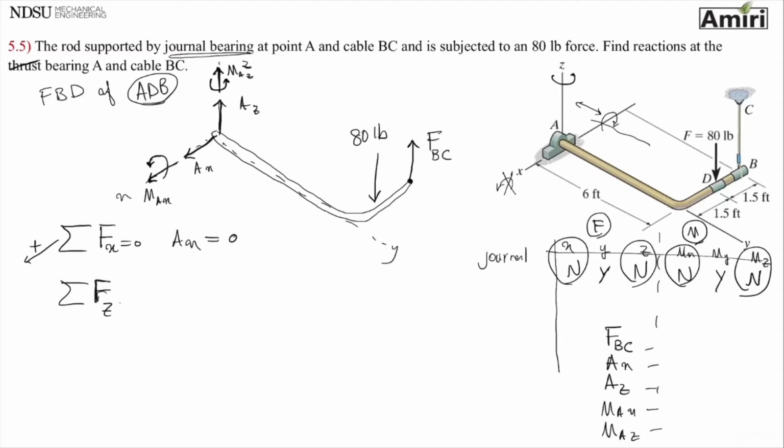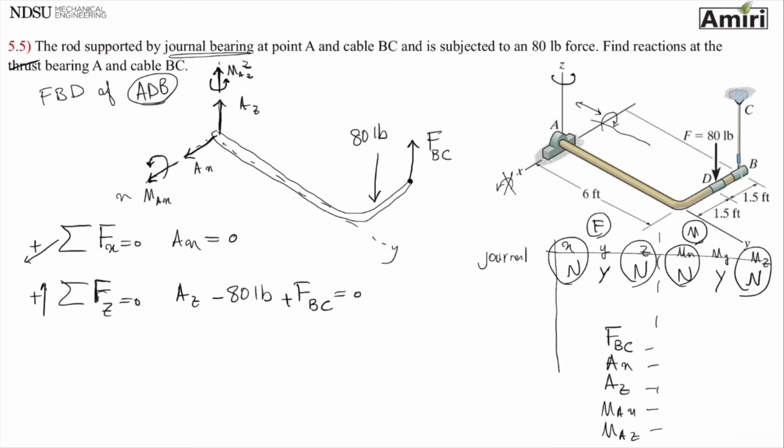So summation of forces in z direction, anything that's pointing up is going to be positive. I have AZ, which is plus. I have minus 80 pounds. I have plus FBC equals 0. And I cannot write sigma Fy because I do not have any forces in y direction. So that equation is not going to help me.